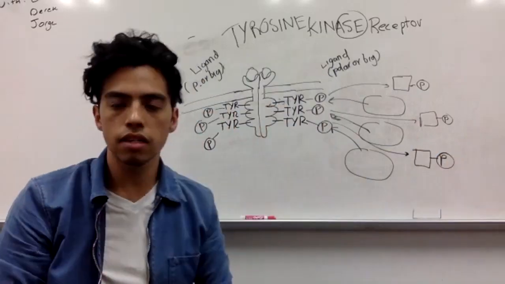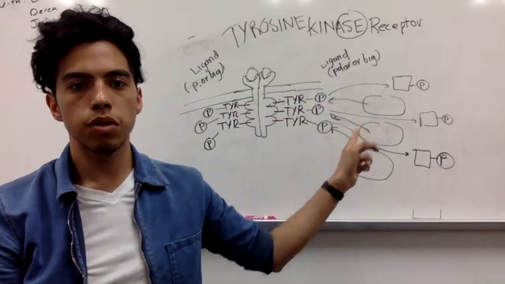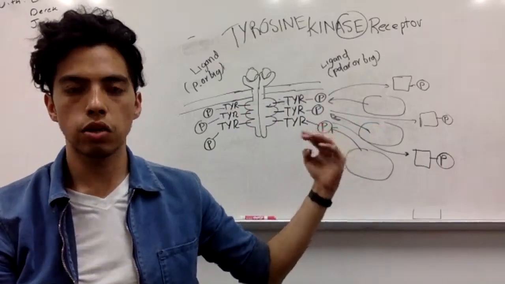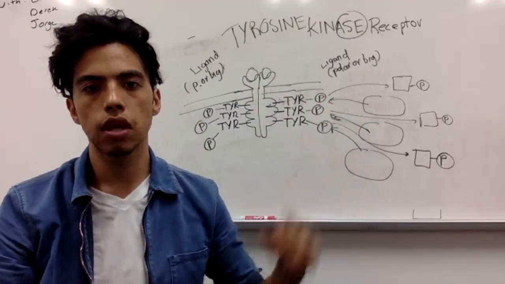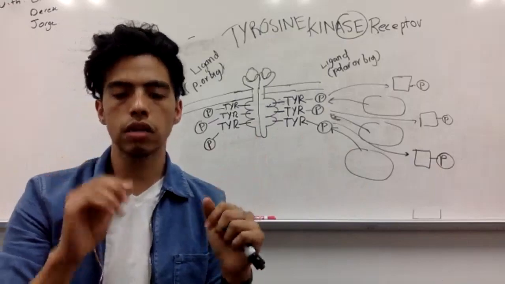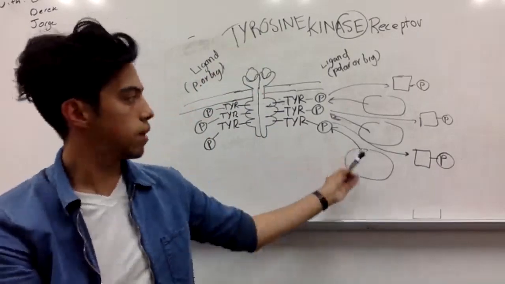the same thing happens on the other side. You have these other proteins that are going to be attracted to it because it has those phosphate groups, and they come to it, and then that receptor is going to phosphorylate these proteins right here that are inactivated right now.